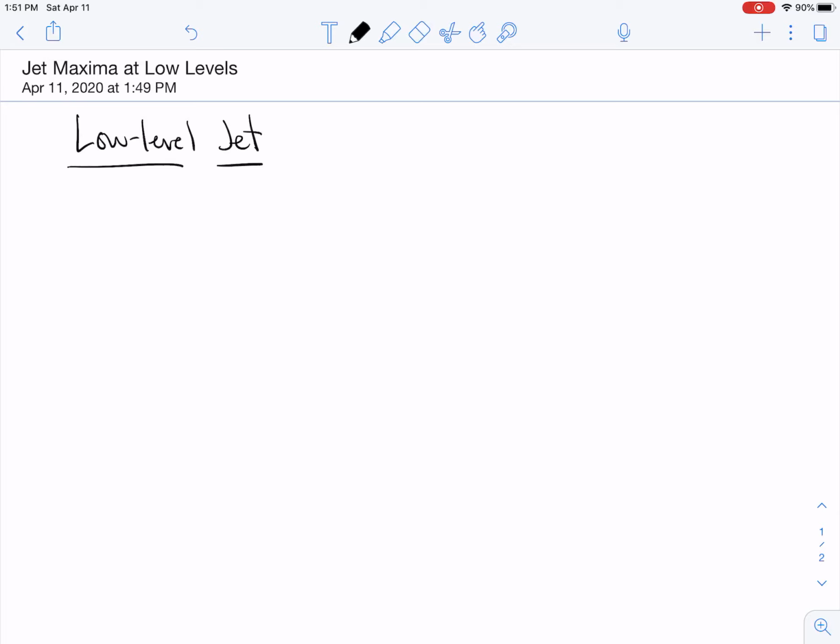One is the classic low-level jet that we talk about that occurs around, say, 850 hectopascals, with about a 30 meter per second maximum, and occurs primarily in the US, but it can occur all over the world.